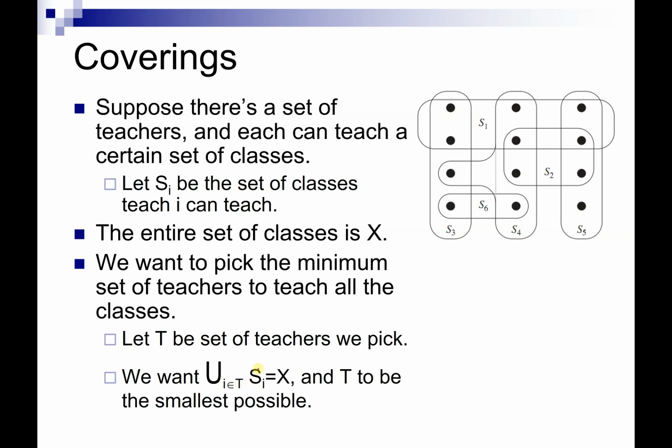For each of these teachers i, that teacher can teach this set S sub i of classes. And we want the union of all of these S_i to be equal to X, which is the set of all classes. And we also want T to be as small as possible. This is called a set cover because we're using these sets, S1, S2, and so on, to cover all of these points.